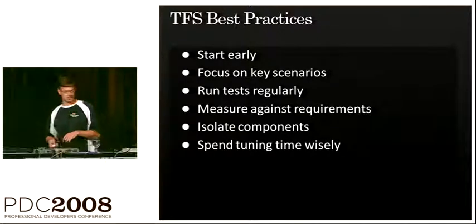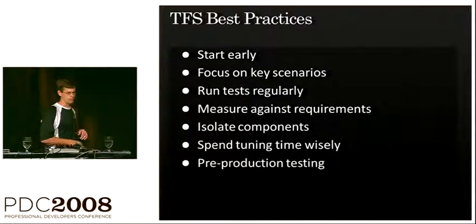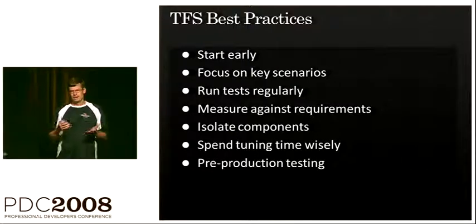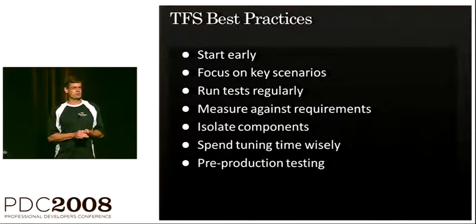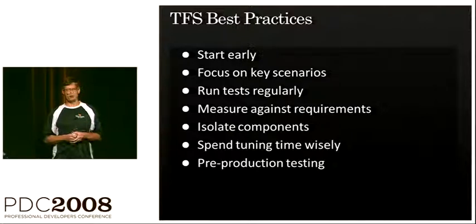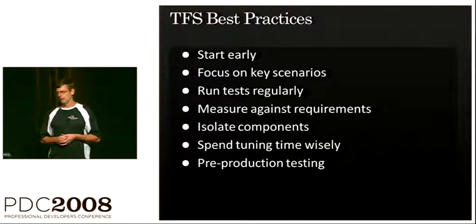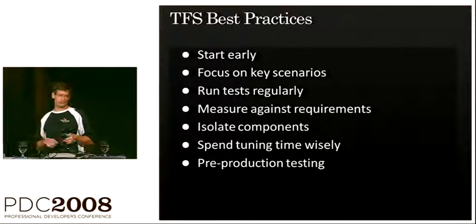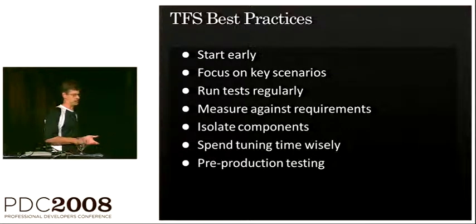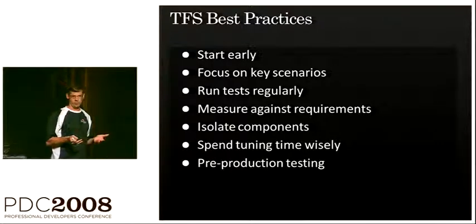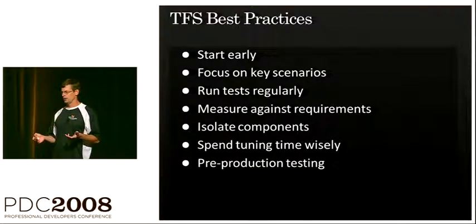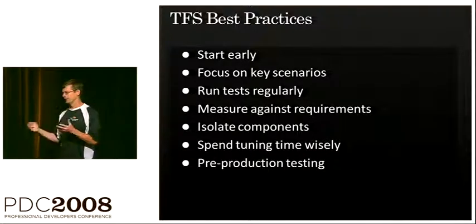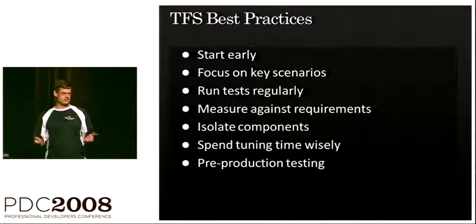And then I talked about spending tuning time wisely, and doing pre-production testing. I think it's really important that you find a way to test on the hardware that you're going to deploy to. Part of scale is you may think we're going to get linear scale. I can tell you from Team Foundation Server, we were running on a 4-way. We ran out of CPU cycles. We were pegging the CPU. So we went in and got an 8-way and plugged in the 8-way.